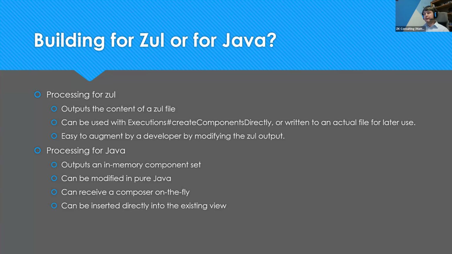If we process it for Java components, we will skip the step of creating a ZUL output. We'll just render components directly based on the definition provided by the model.